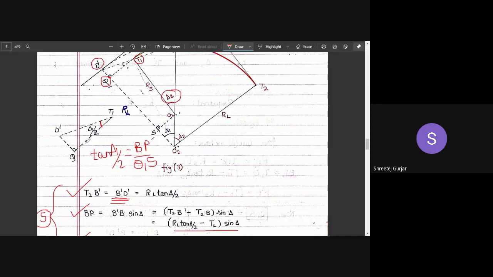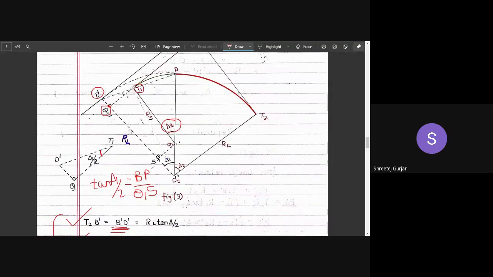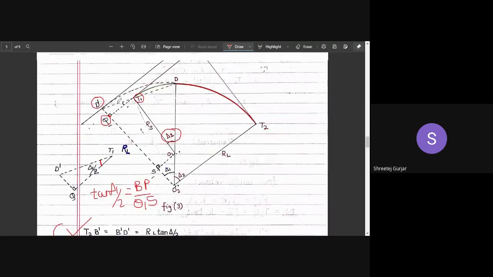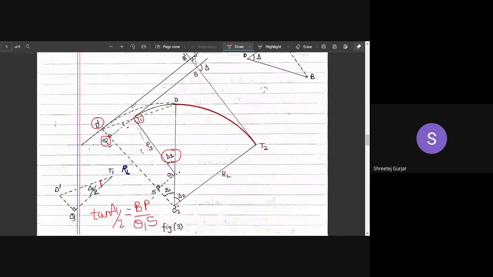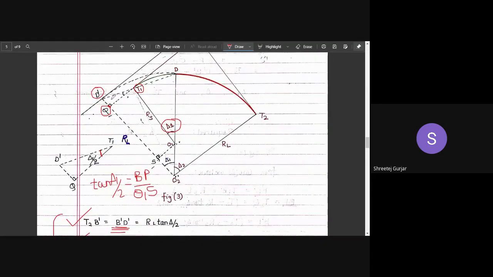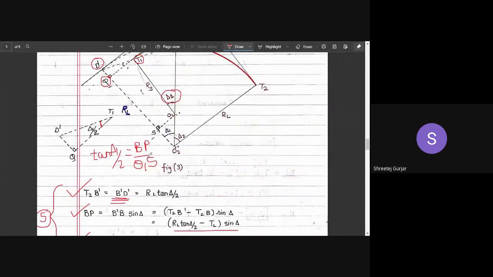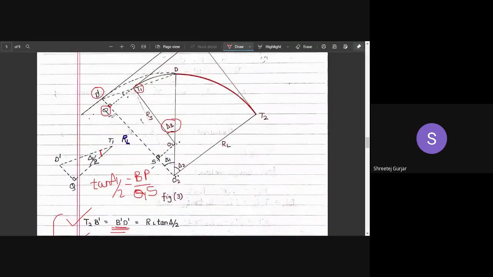Opposite upon base. Opposite is D dash Q by base T1Q. Hence we had calculated this T1Q previously, the whole thing we had derived as one big formula, because we require O1S over here. O1S is nothing but T1Q, because we had derived it in the previous step.